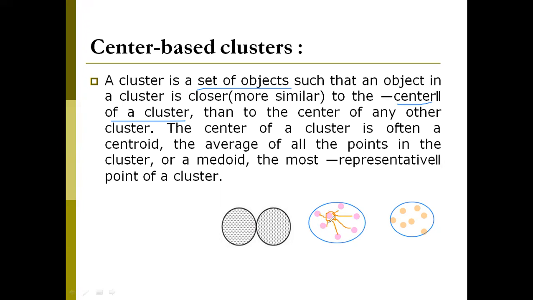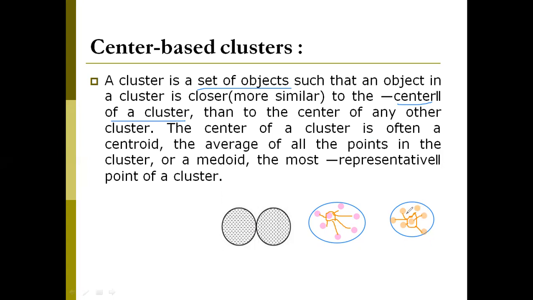Okay, then that kind of cluster is called a center based cluster. Not only this, if you take this cluster also, first of all we need to find a center data point. Now we are going to check the distance between this center point and the other objects here: 1, 2, 3 and 4, 5, 6, like that.